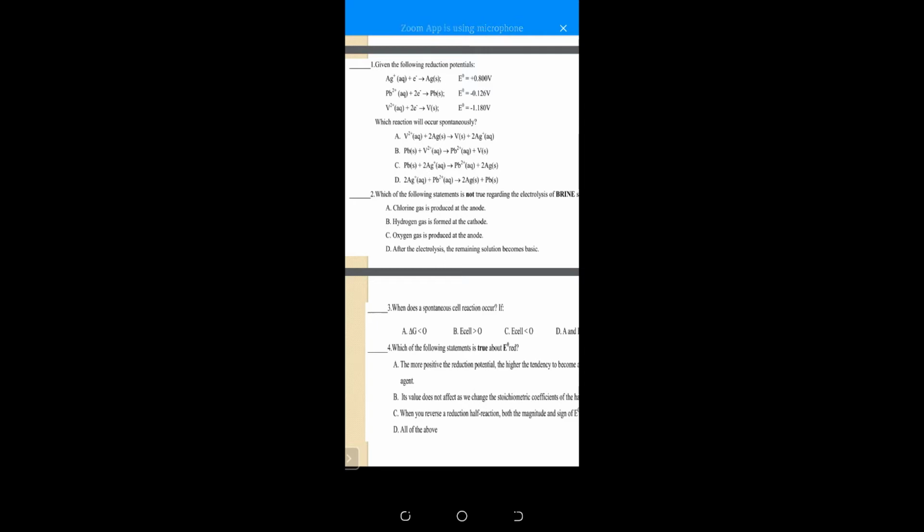By using this formula, we can calculate the E value. We say it is spontaneous when the value is positive. So calculate E of cell for each given one, and the one that comes out positive is spontaneous. Is it difficult? Do you have any difficulty on this?